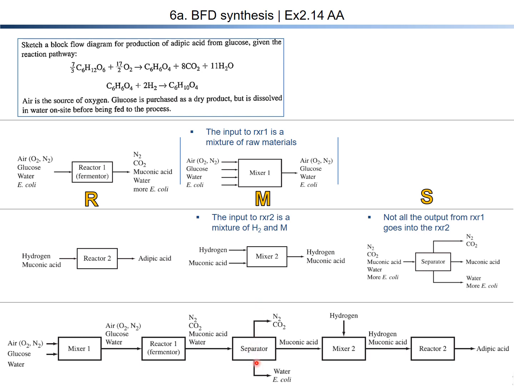And the E. coli solution of water goes out of the separator into the bottom stream. That is the whole process for the glucose to adipic acid process. And right now you have multiple units in the process.